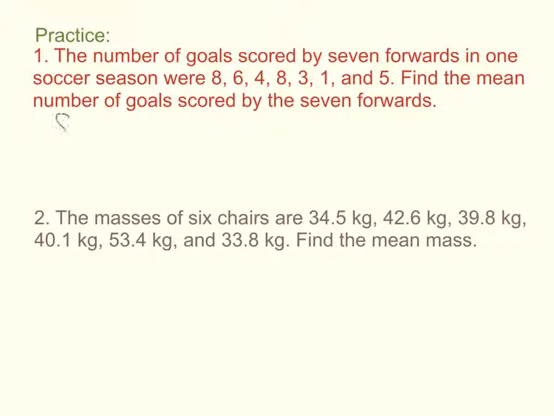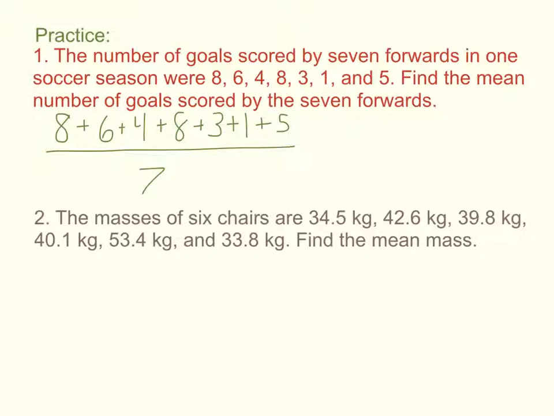So we'll add 8 plus 6 plus 4 plus 8 plus 3 plus 1 plus 5 and divide it by 7 because we know that there were 7 forwards in the soccer season. So after we add up those totals, you should have gotten 35 divided by 7, which is equal to 5. So the mean number of goals scored was 5.